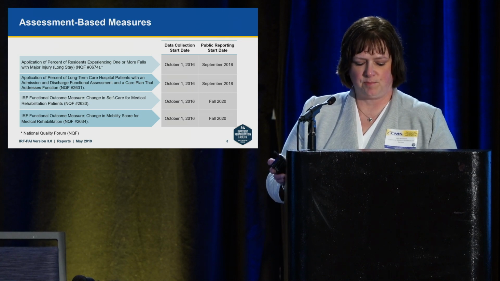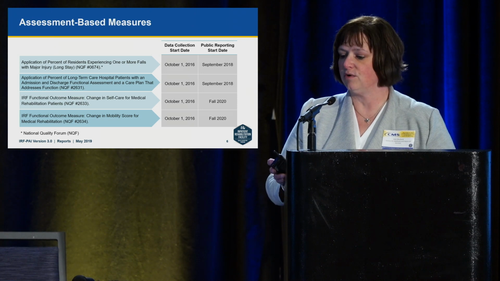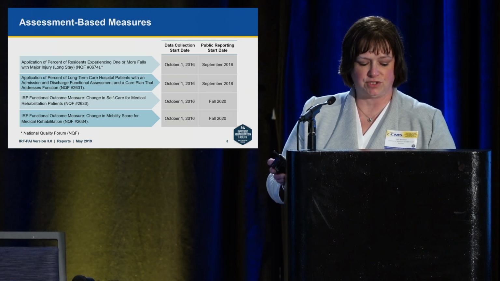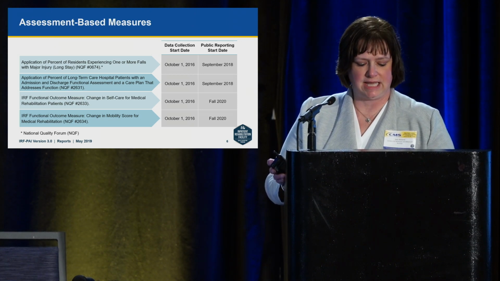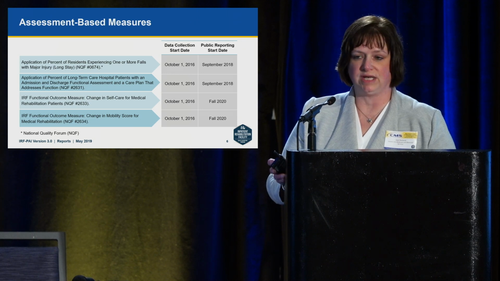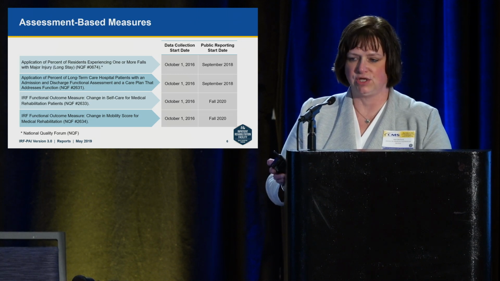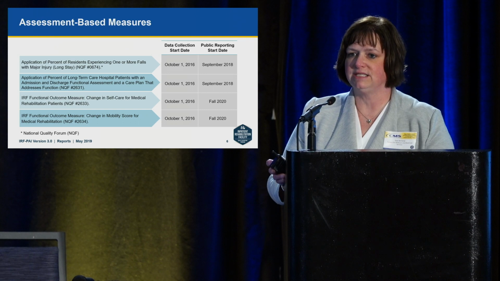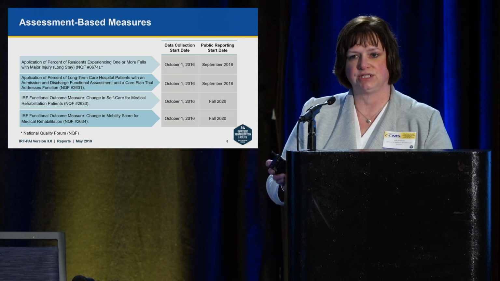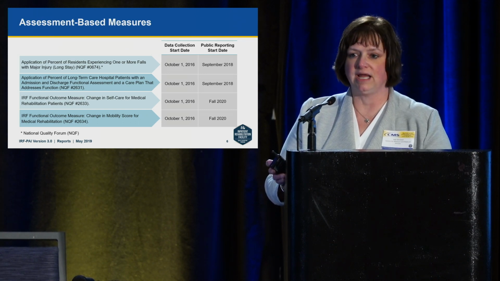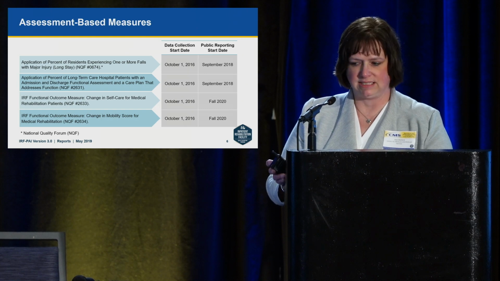The data being publicly reported in 2020 for the 4 functional outcome measures will include data from the calendar year 2019 IRF-PAI assessments. So that would include IRF-PAI discharges that have a discharge date between January and December 2019.